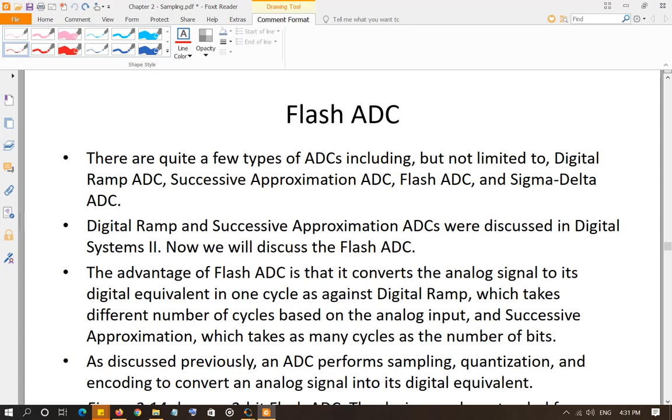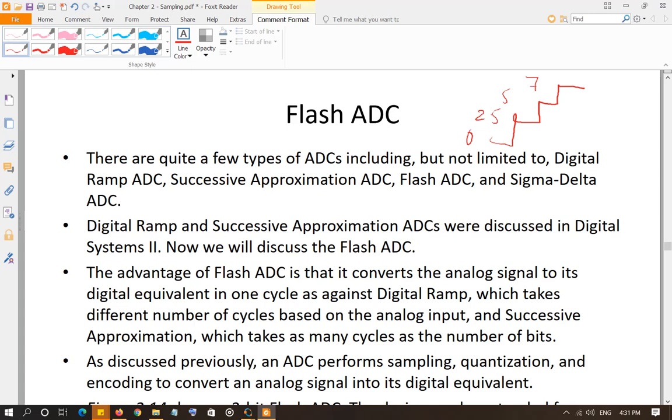You can assign 4 levels: 0 volt, 2.5 volt, 5 volt, and 7.5 volt. So these are called quantized voltages or quantized levels.